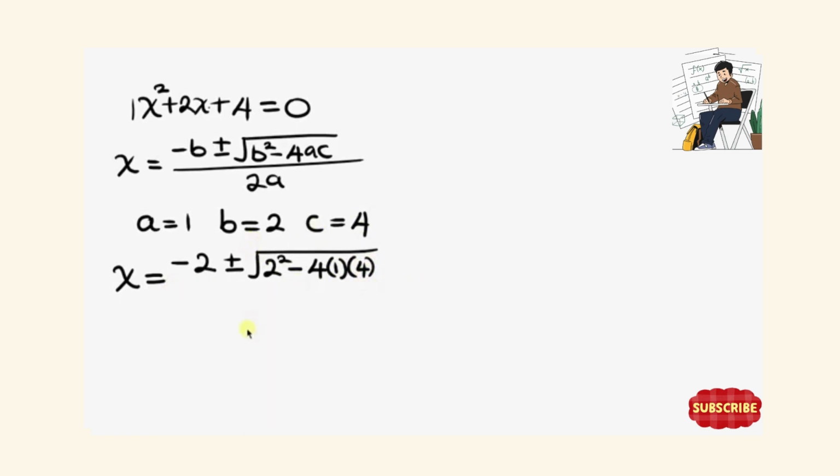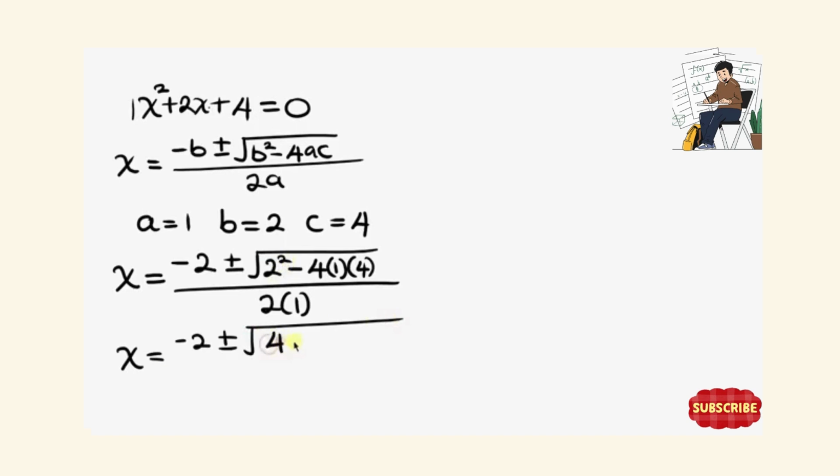So all over 2a, which is 2 times 1, since a is 1. So x now becomes negative 2 plus or minus the square root of b squared, that's 2 squared is 4, minus 4 times 1 times 4, that's 16, all over 2 times 1 is 2.